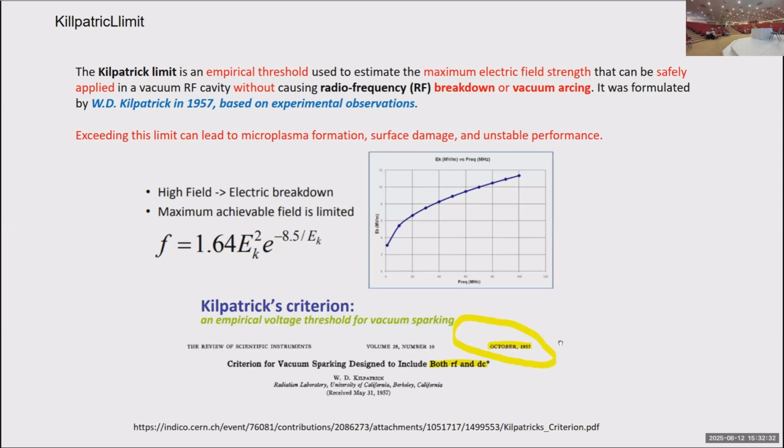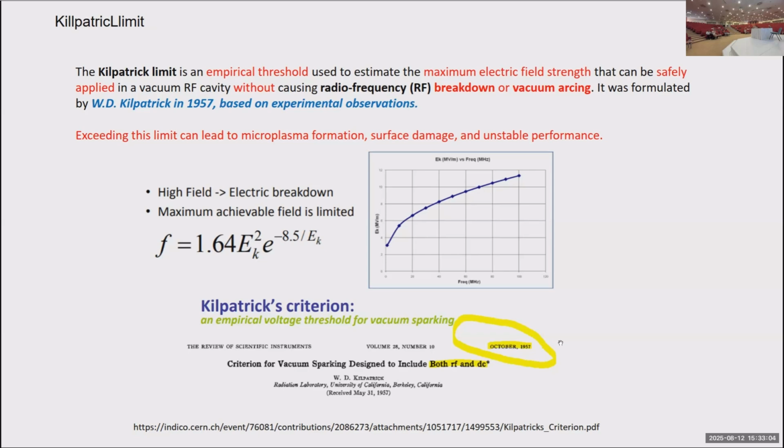Think about a rocket launched from Earth to space. You go into space, the pressure always goes down, and at some point the voltage needed to break down is very small. You can collapse all the rocket parts.